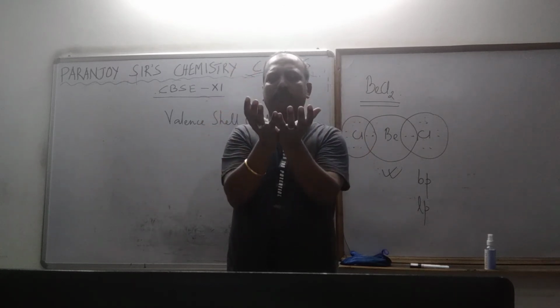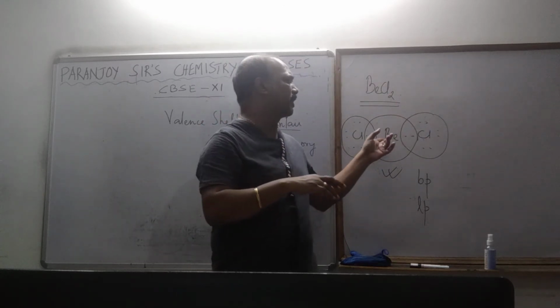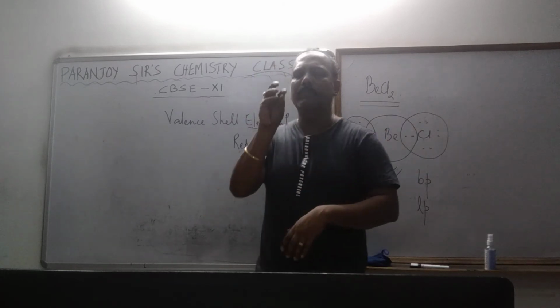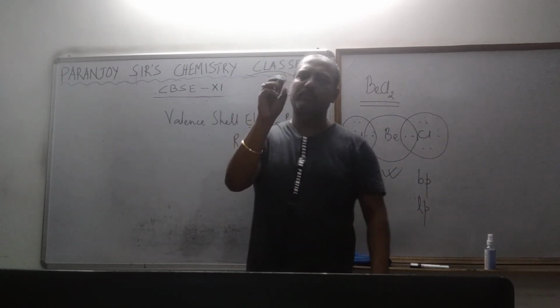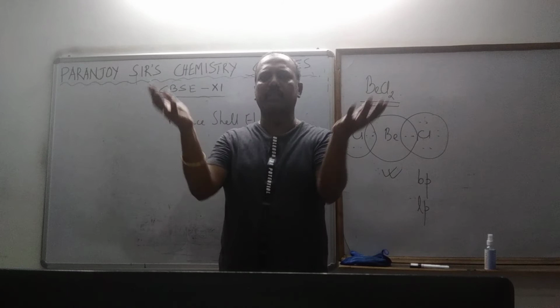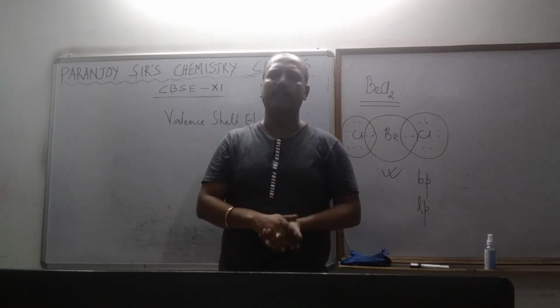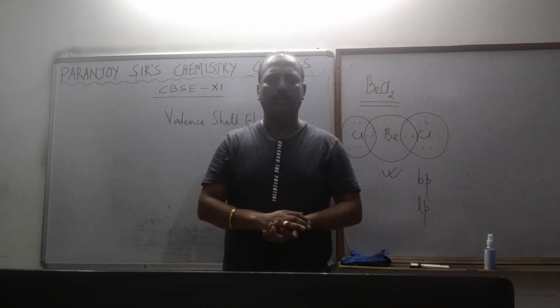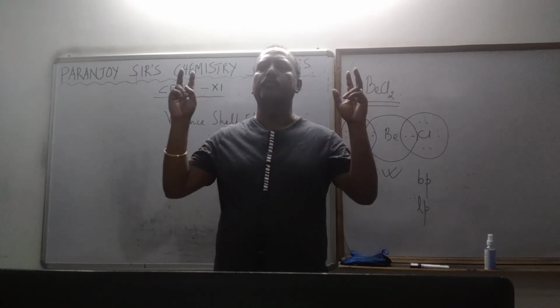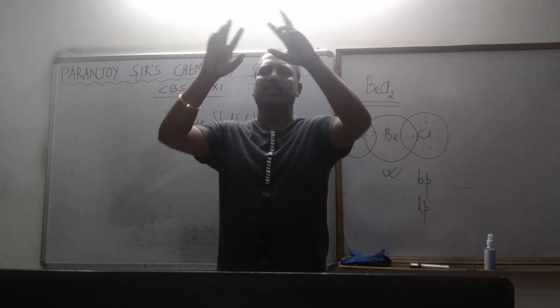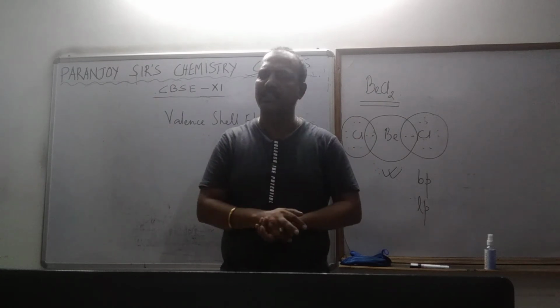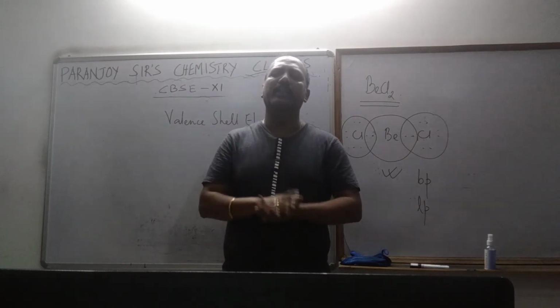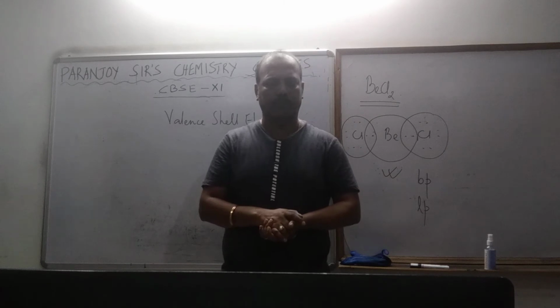Suppose we are talking of this beryllium. Beryllium is considered at the center of the ball, and it has two pairs of electrons. Now where should these two pairs be placed on the surface of the sphere so that they experience the minimum repulsive force?